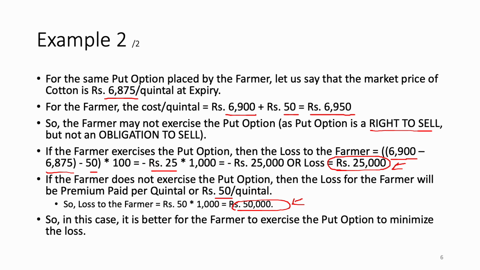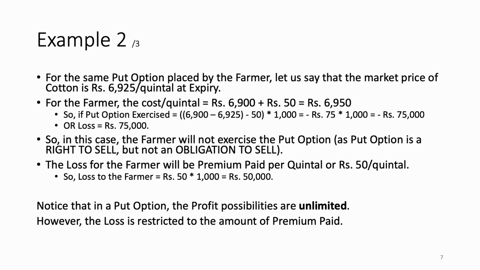Now let's take a third case. Suppose that the price of cotton is 6925 per quintal at expiry. So this is the price of cotton at expiry. The farmer has a position where he has spent 6950 per quintal.